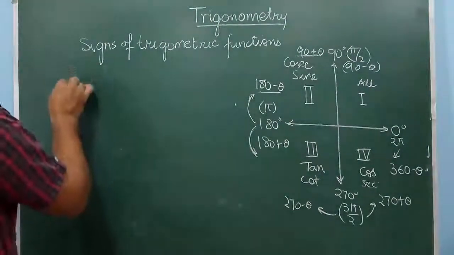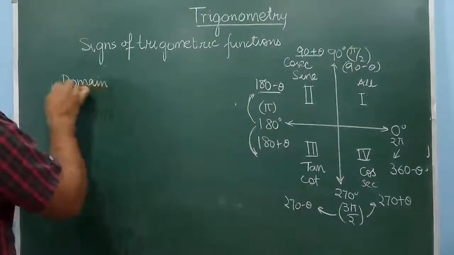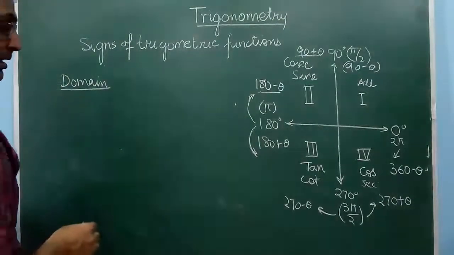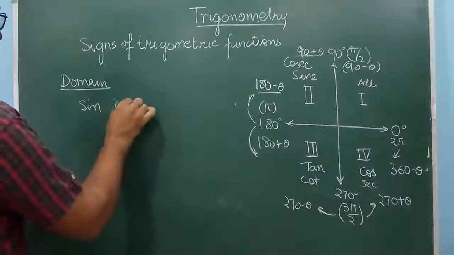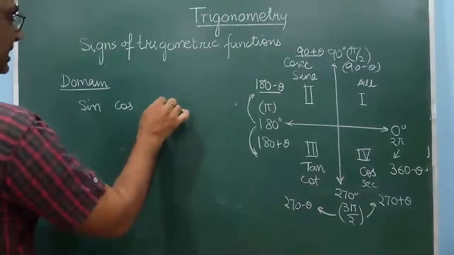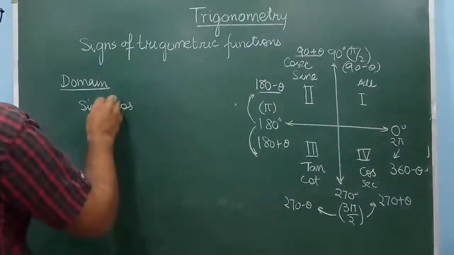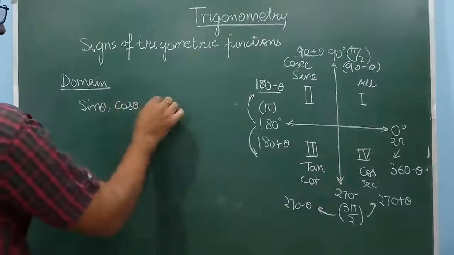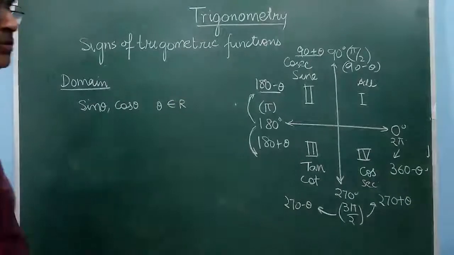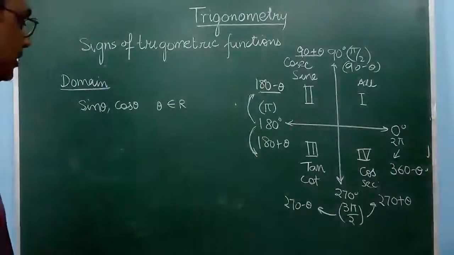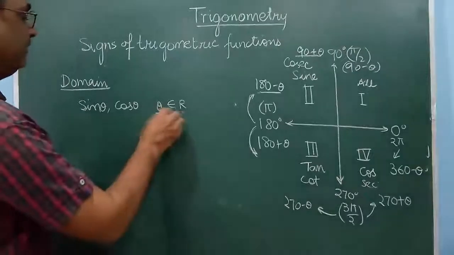Now for the domain, meaning what can be the angle of the trigonometric function, like sine and cos. We can write theta belongs to R. We can assign any value, whatever the greatest or the smallest value you can think, positive or negative, you can give this angle.